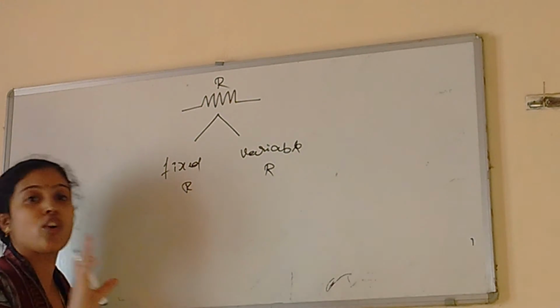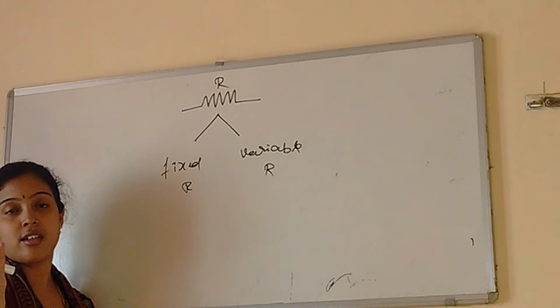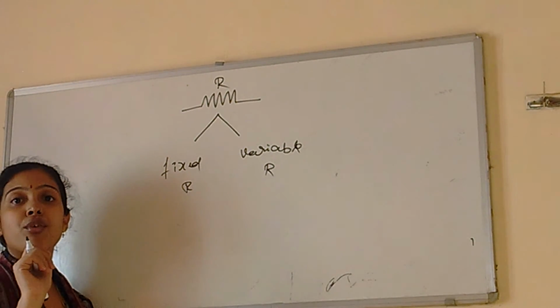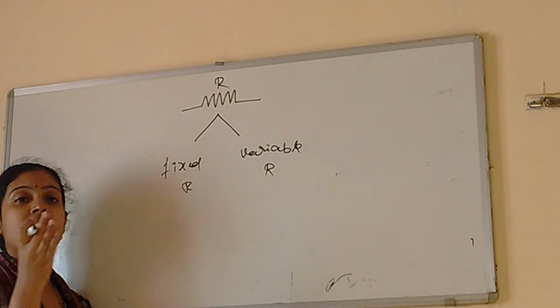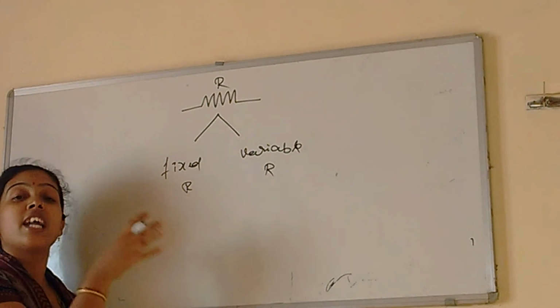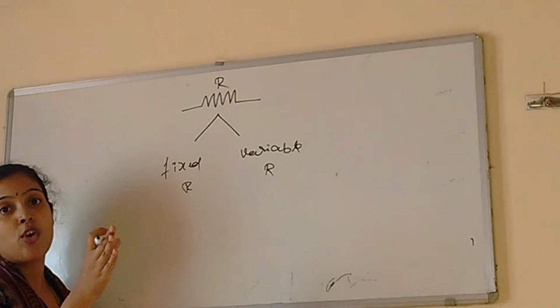For example, in an electronic circuit we need a 10 ohm resistor, but I have a 20 ohm resistor. I can't connect the 20 ohm resistor in my circuit, so I have to replace the 20 ohm resistor with a 10 ohm resistor.